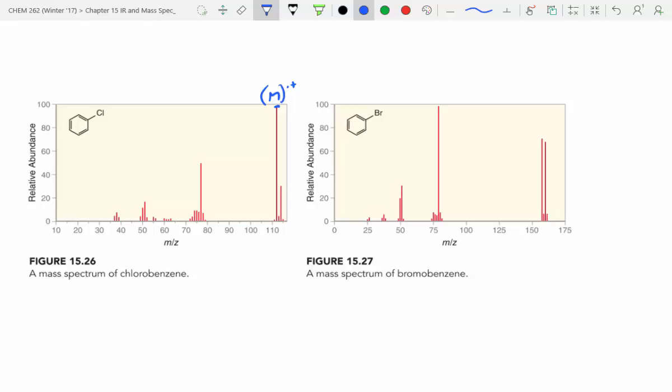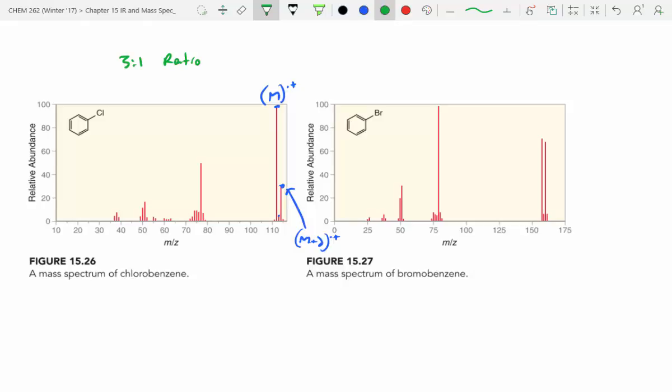And then over here, we've got this mass plus 2 peak. And then in between them, you can see this little itty bitty mass plus 1 peak, and you can use that still to determine the number of carbons in your compound. And you can see this is roughly a 3-to-1 ratio, which is a big hint that you've got that chlorine on there.